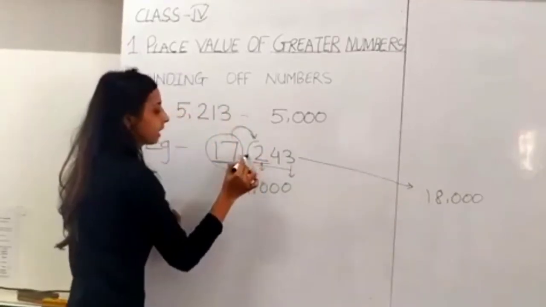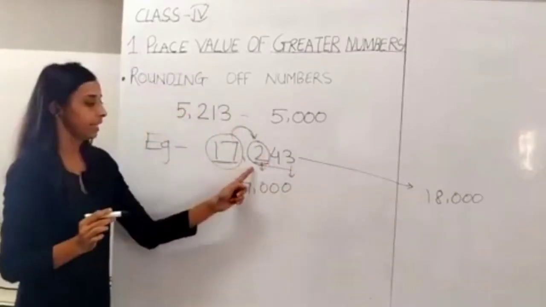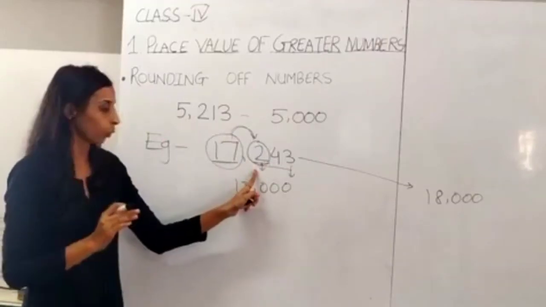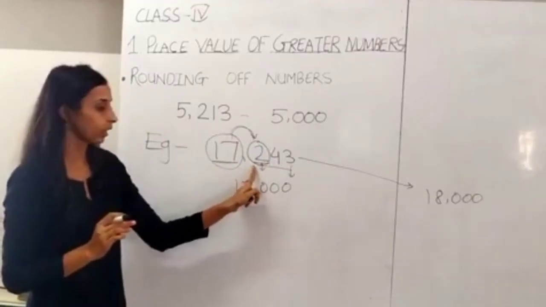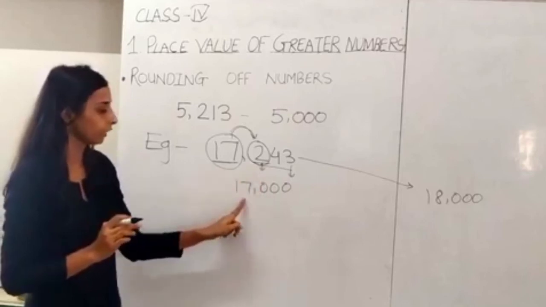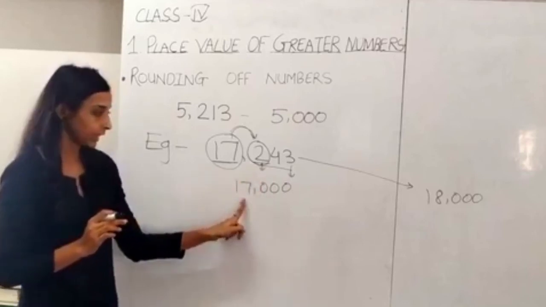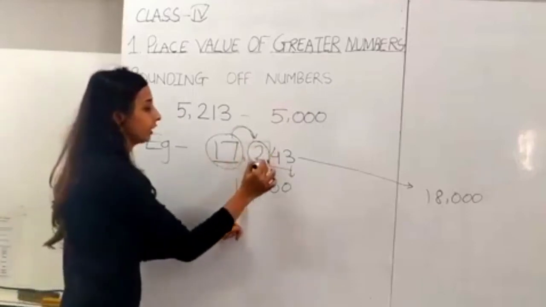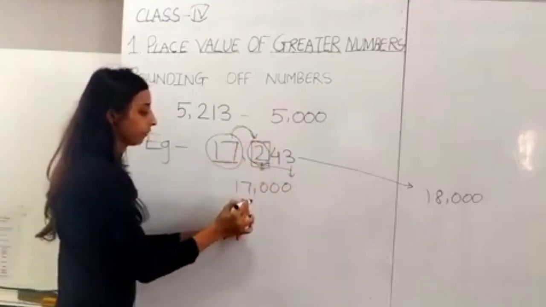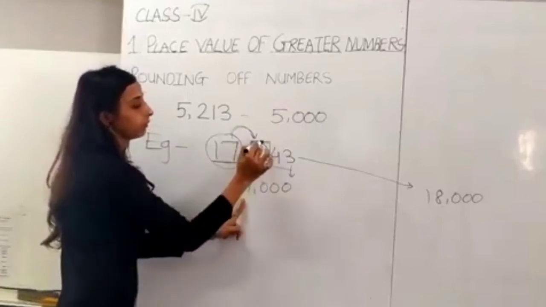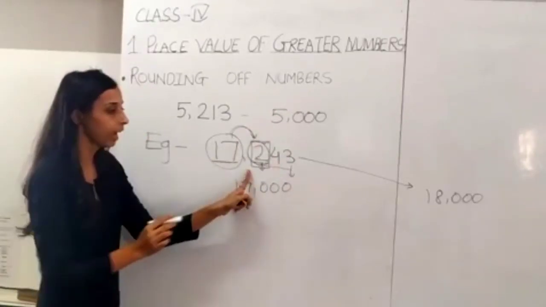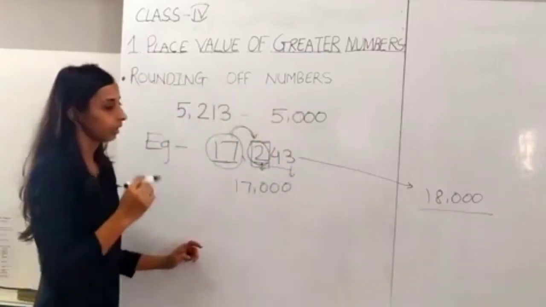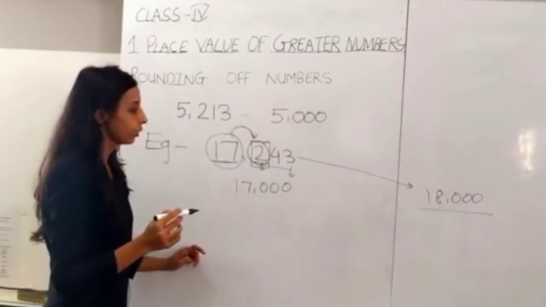But if this number is smaller than 5, whether it is 1, 2, 3 or 4, then we round it off as 17,000, which is called round down. So if this digit is smaller than 5, round it down, and if this digit is 5 or greater, round it up, which means take the greater number. This way you have to do.